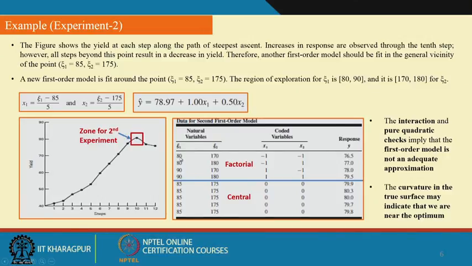The factorial points are 80 and 90, and 170 and 180, and the center point is 85, 175.